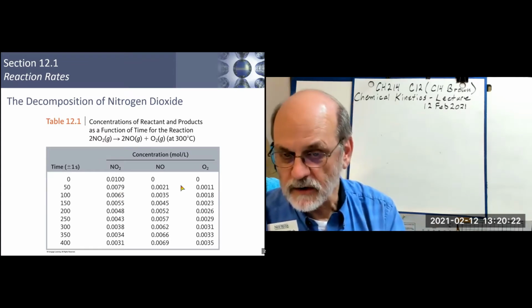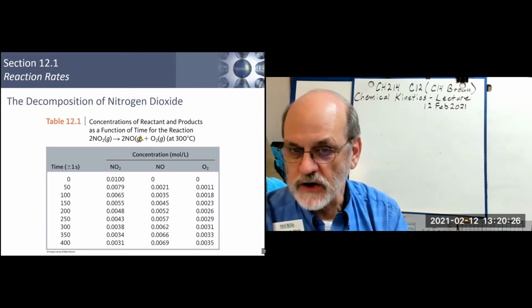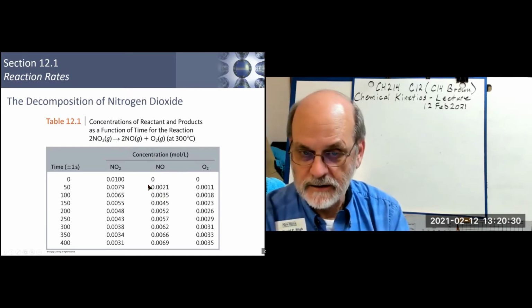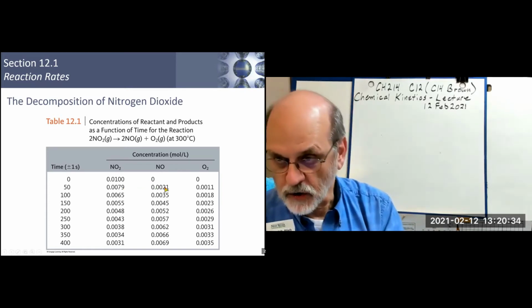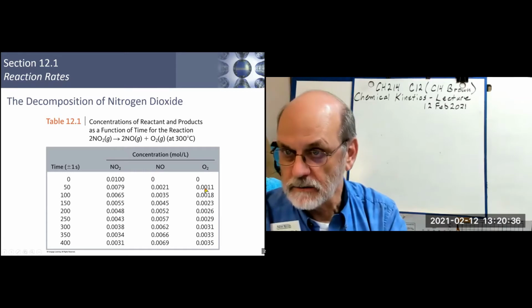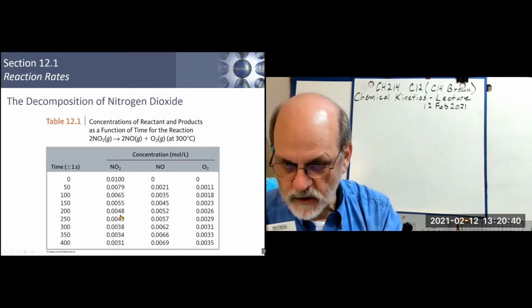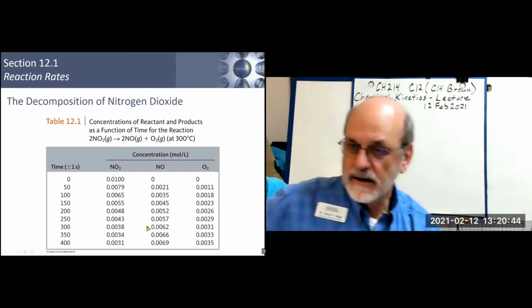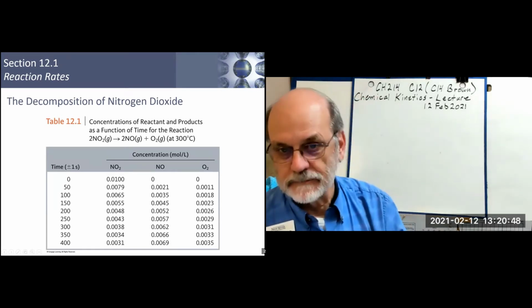Even during a kinetics experiment, the molar ratio of the reactants and products hasn't changed. So if so much disappears over here, the correct ratio shows up in the products. And over time, you can watch this one decrease as these increase. Okay, so that would be like a data set for this experiment.